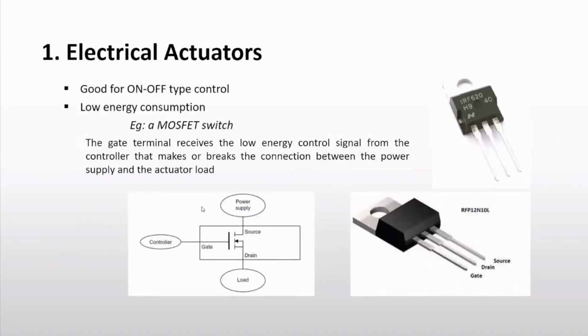Okay, so the first one is the electrical actuator. Normally an electrical actuator is mainly used for on-off control, and it consumes very little energy. Since it consumes low energy and gives an on-off type signal, we can use it as a switching device.